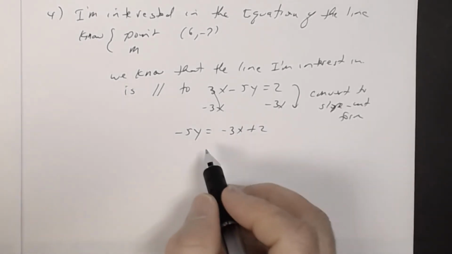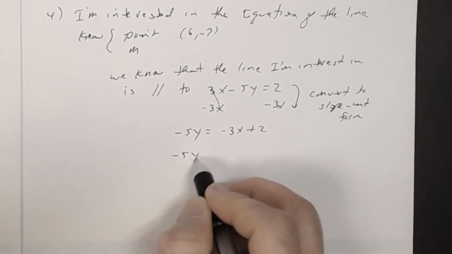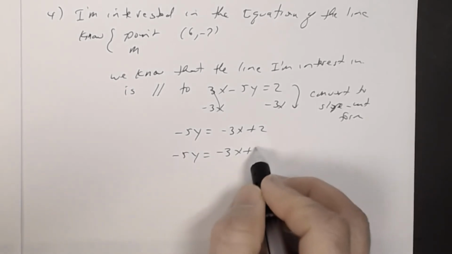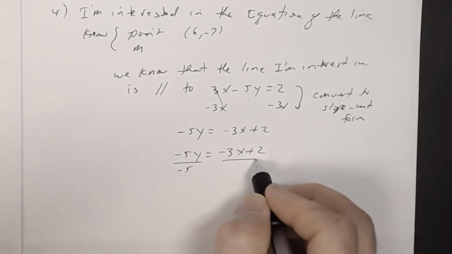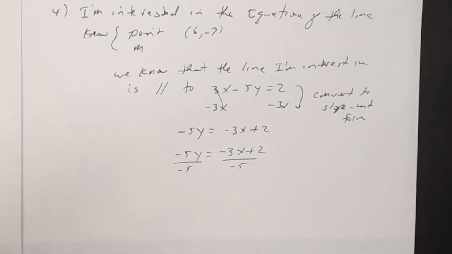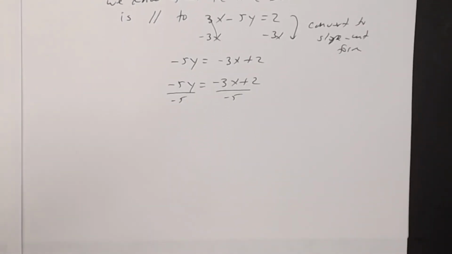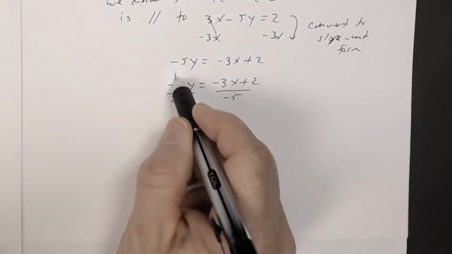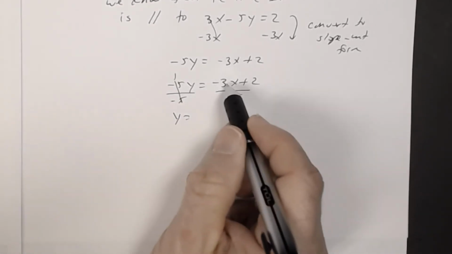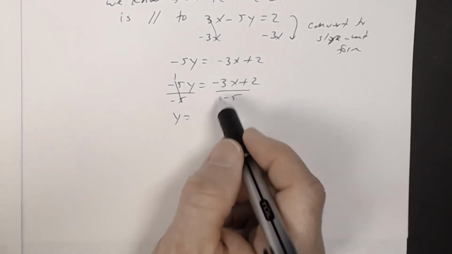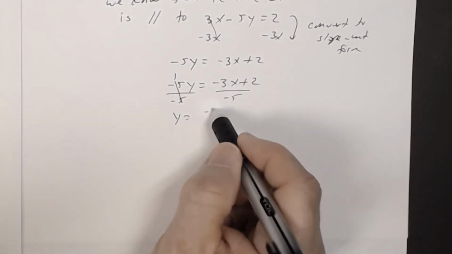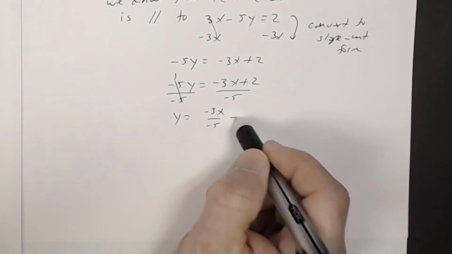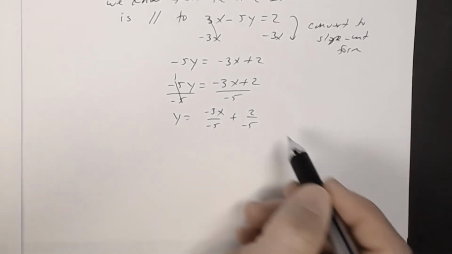Then I'm going to divide both sides by -5. Simplifying, -5 divided by -5 is 1, and 1 times y is y. And remember, you're going to write this as two fractions. So that becomes negative 3x divided by -5 plus 2 divided by -5.